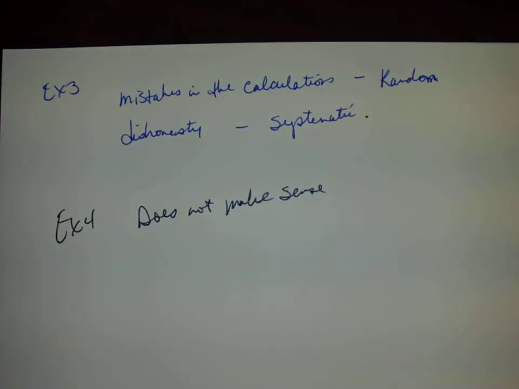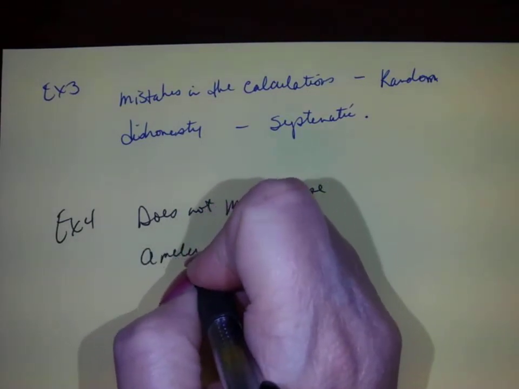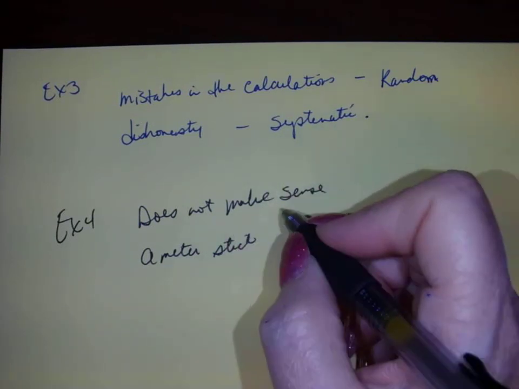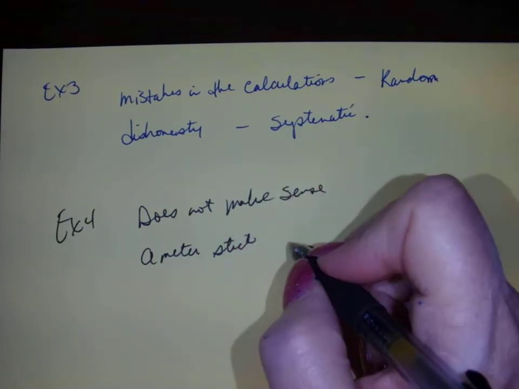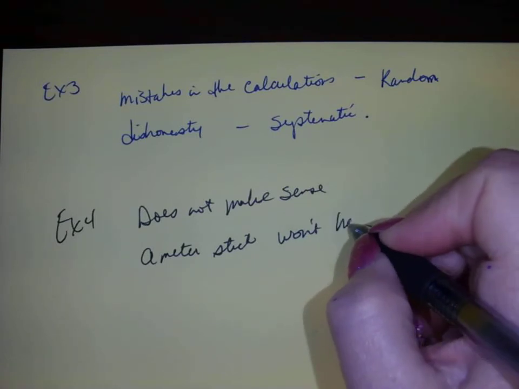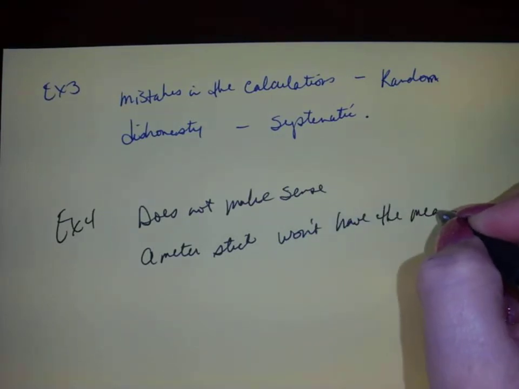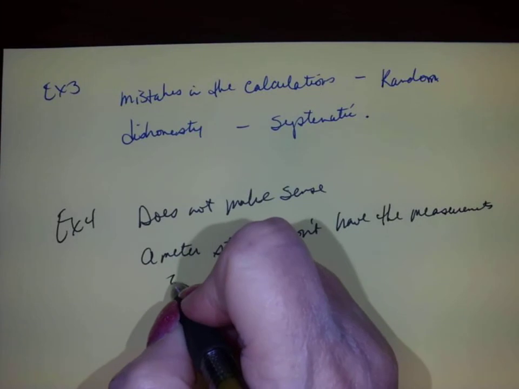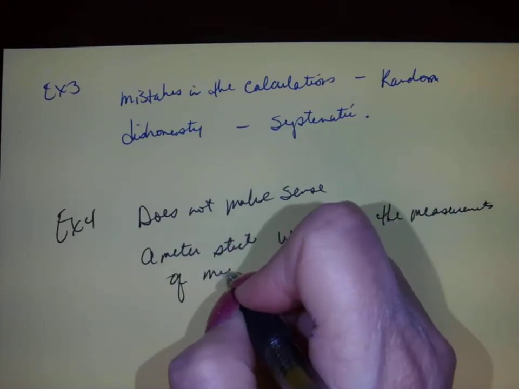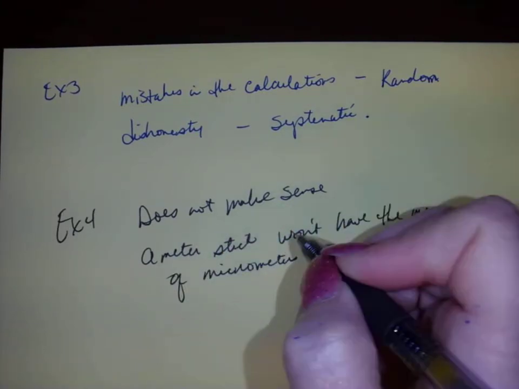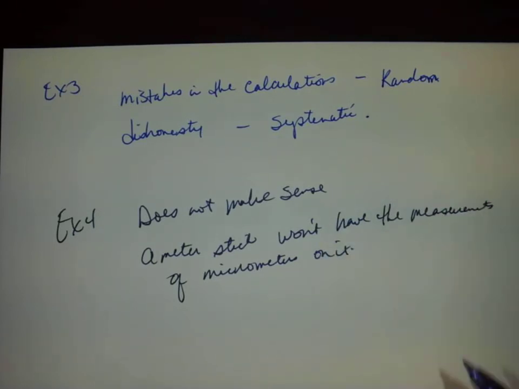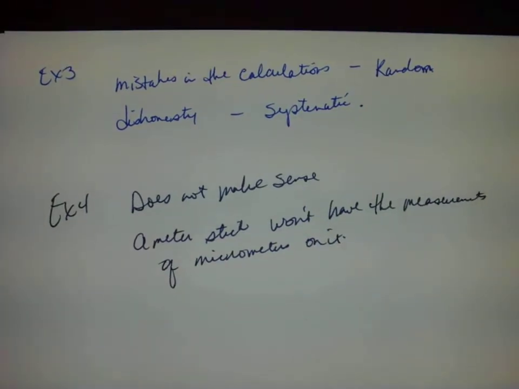If we're looking for micrometers, which are small, you don't want to use a meter stick. It's not going to be very precise. A meter stick won't have the measurements of micrometers. Okay, it might have centimeters on it, but it's not going to have micrometers because those are really small. So it doesn't make sense to use that.